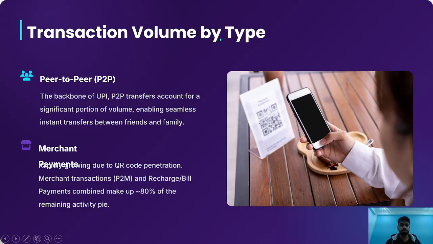Transaction type volume by type: first, we have peer-to-peer, the backbone of UPI. Peer-to-peer transfers account for a significant portion of volume, enabling seamless instant transfers between friends and family. Merchant payments, due to QR code penetration, are P2M, and recharge and bill payments combined make up 80% of the remaining activity pie.